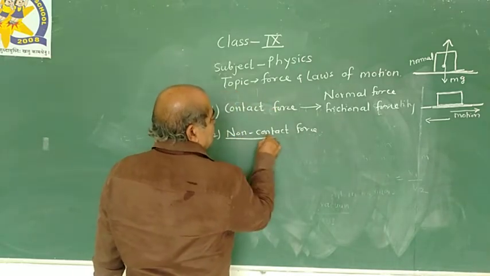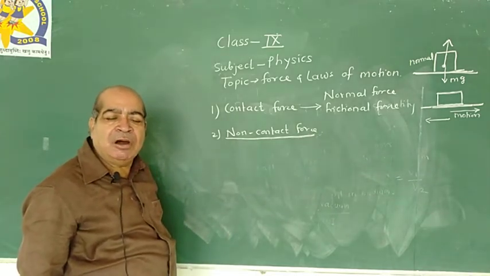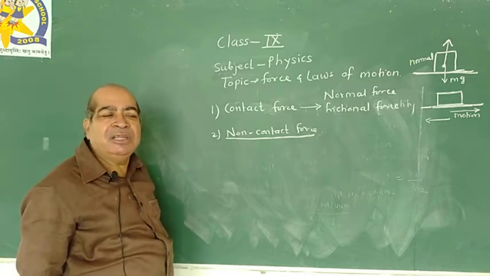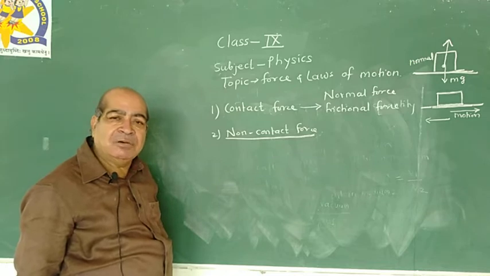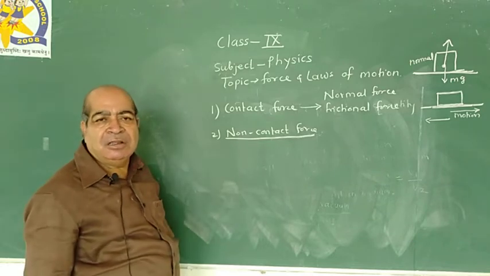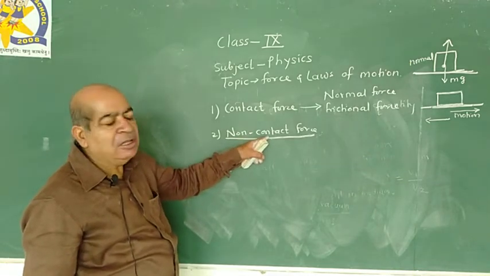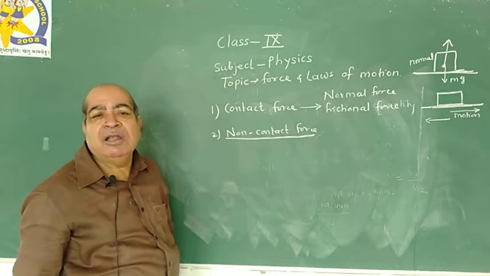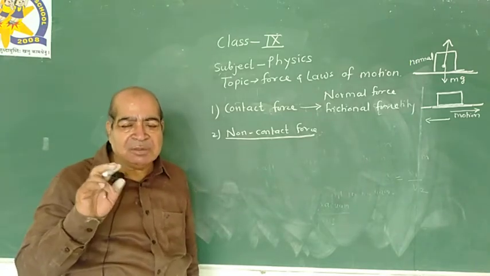Then the force exerted by one object on another object when they are not in contact with each other, such a type of force is called the non-contact force. म्हणजे the force exerted by one object on another object without making contact with it is called the non-contact force, and by making contact with it is called the contact force. म्हणजे there is only a small difference between their two definitions.